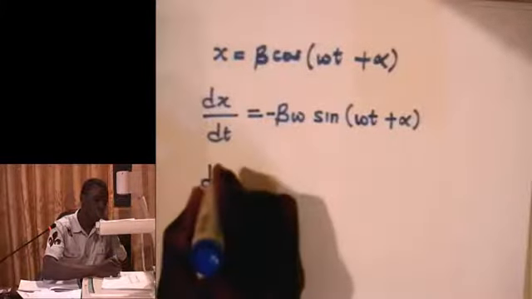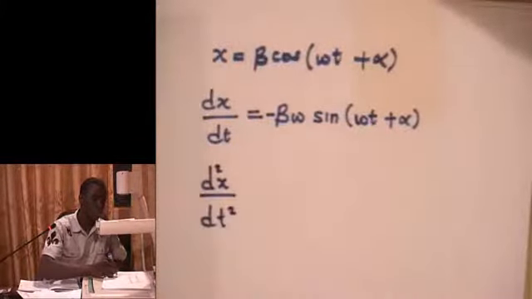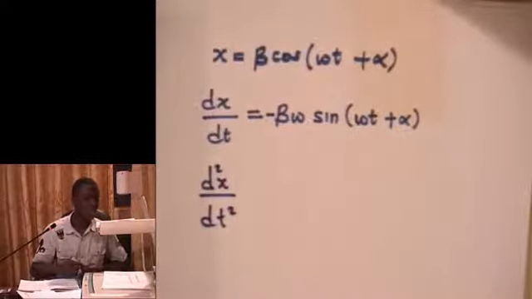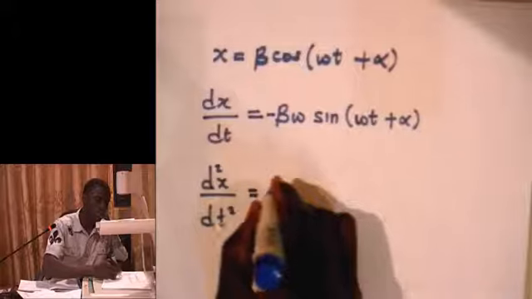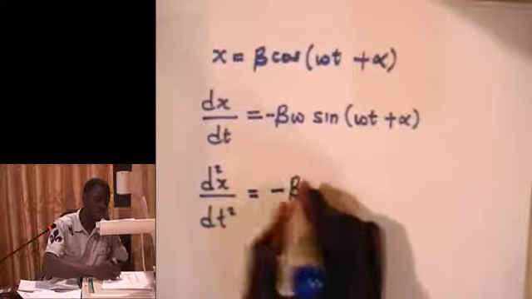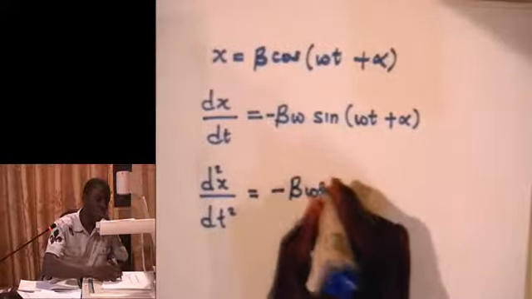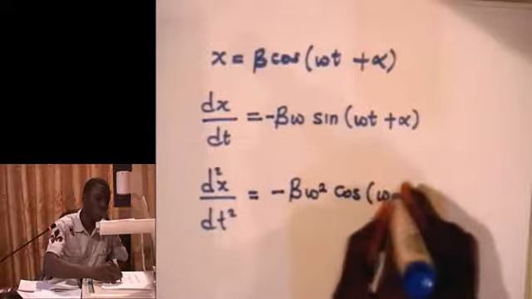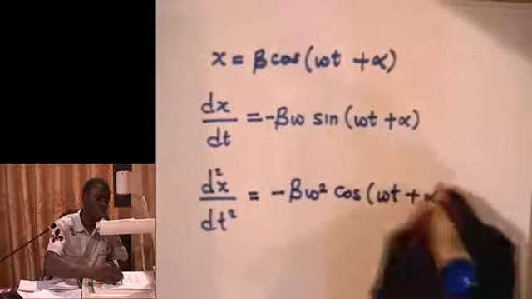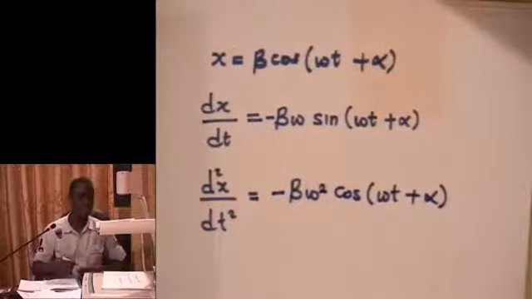The second derivative, that is d squared x/dt squared, equals minus beta omega squared cos(omega t plus alpha). So how do we eliminate this?